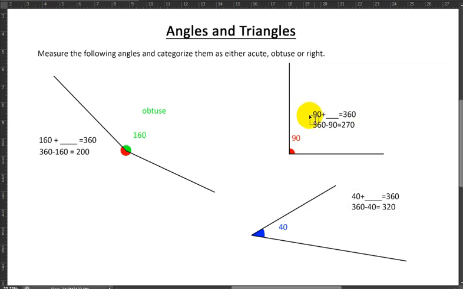Exactly 90 is right. And then 40, since it's less than 90, that's acute. Okay, so now we can hide that again and return to our previous exercise. Sorry about that.